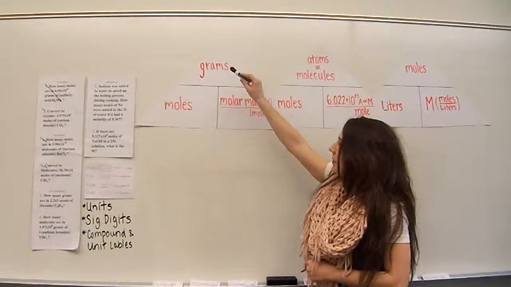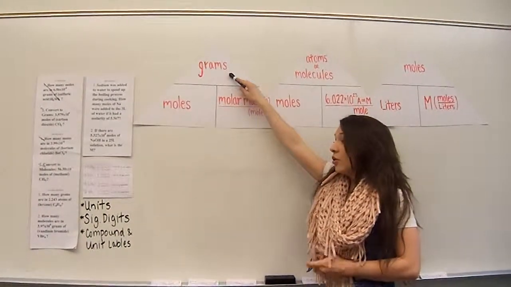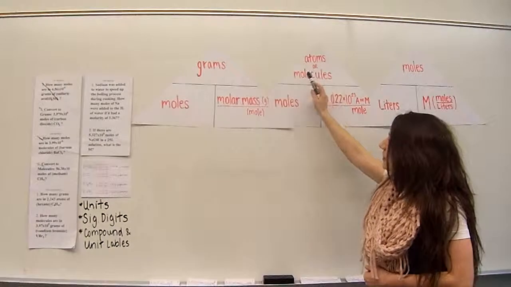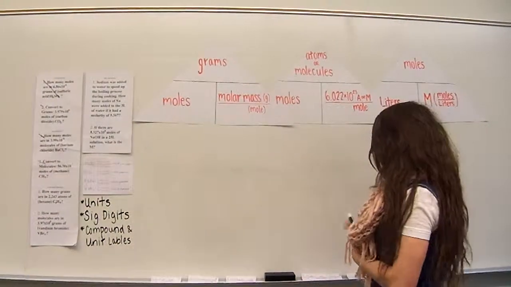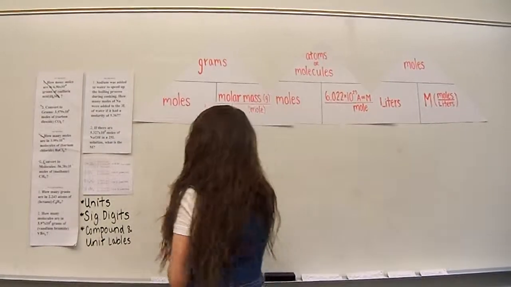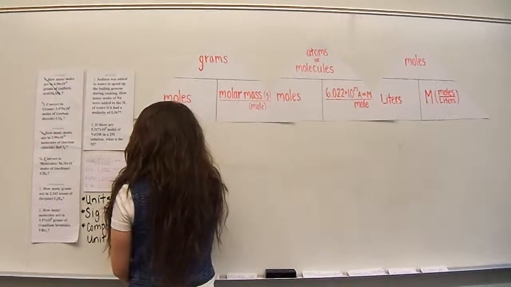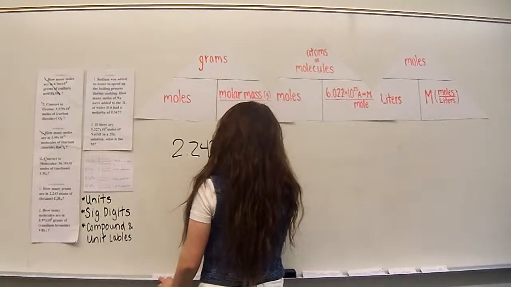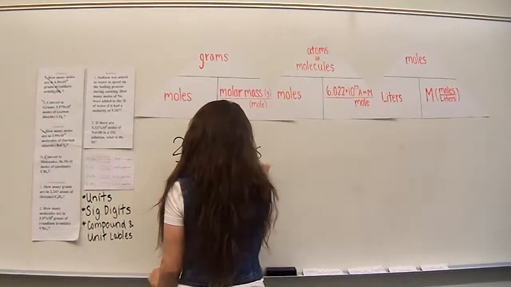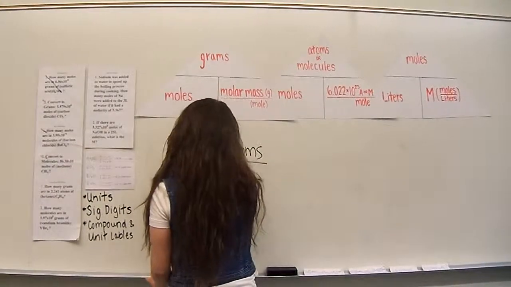We are asked for how many grams, but we are given atoms. Therefore, we know we will be using both these triangles. Since we are given atoms, we will write that on the top. We are given 2.243 atoms, and we will be writing that over 1.